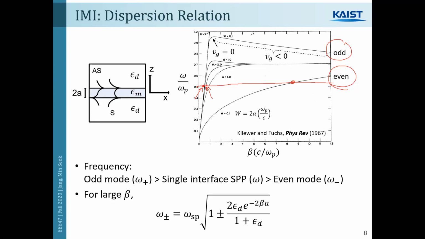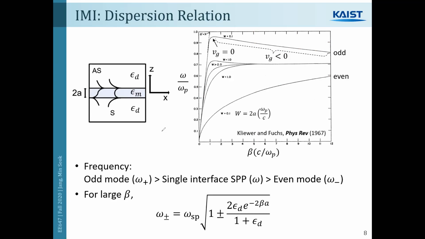And then for the same beta, the odd mode has higher energy compared to the even mode, as we discussed before. The odd mode is about the discharge distribution, and the even mode is the other discharge distribution. So the odd mode has higher energy, as we expected.